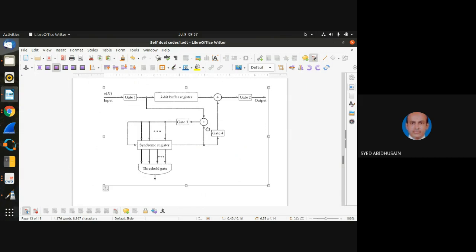Are you following? When you input the received polynomial R(x) from the right into the syndrome register, the error that you want to detect, as to which particular terms in the received polynomial might have gone into error due to the channel noise, we conclude that the terms x raised to 4, x raised to 5 and x raised to 6 will have the error, and that is nothing but the syndrome formation.